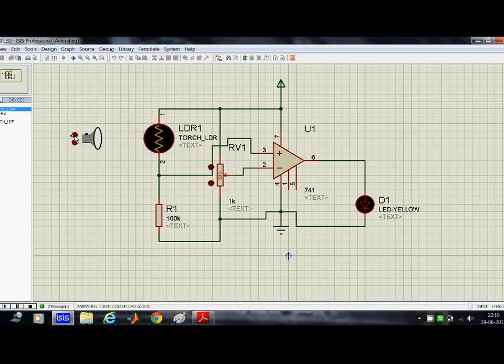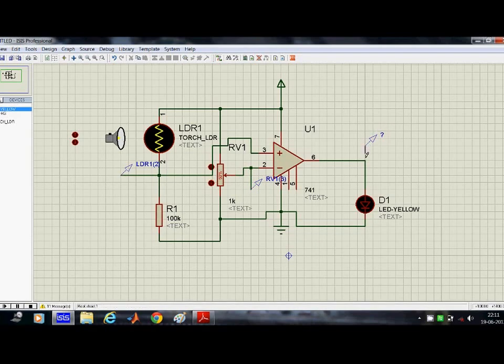Okay, if I go up, you see the LED is now glowing. It's a bit tricky, you might not be getting a feel for how it glowed up, so I'm now attaching the probes. In this case, this is one probe, this is another probe, and the third probe is the output.